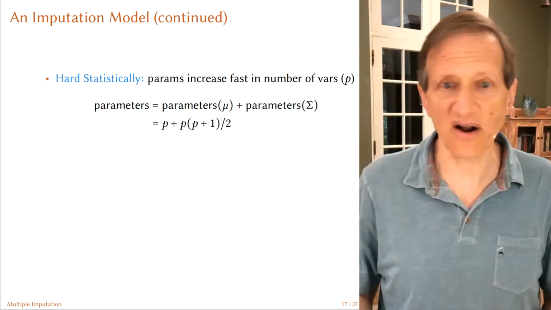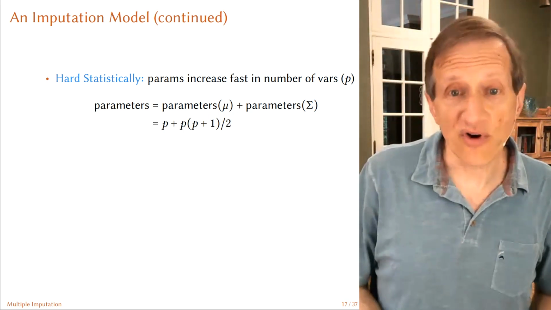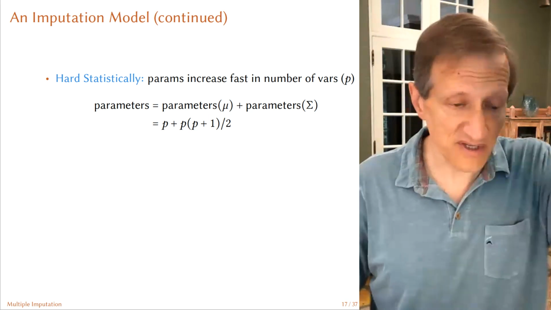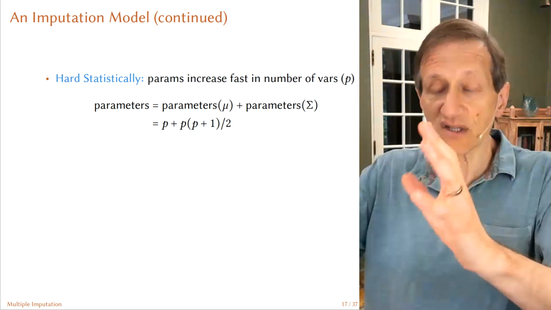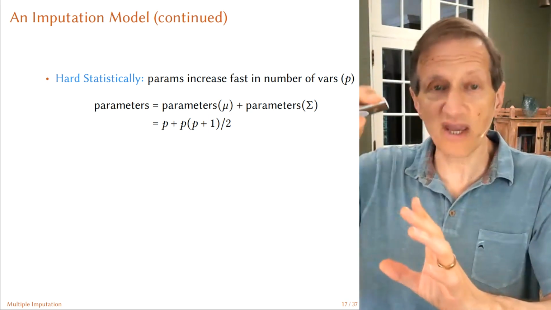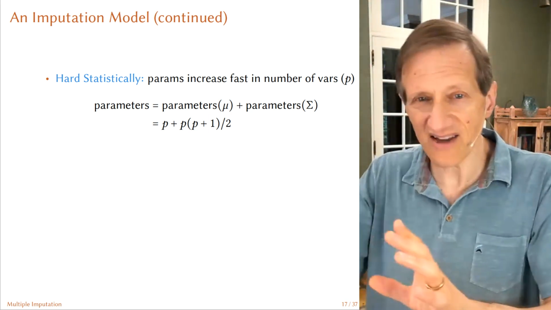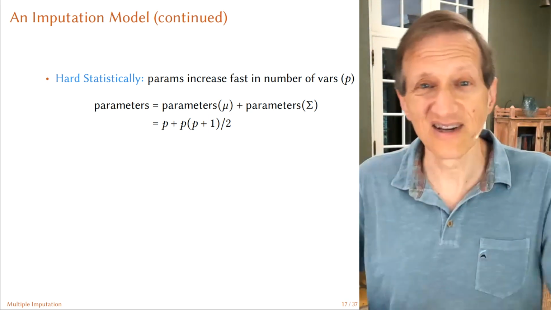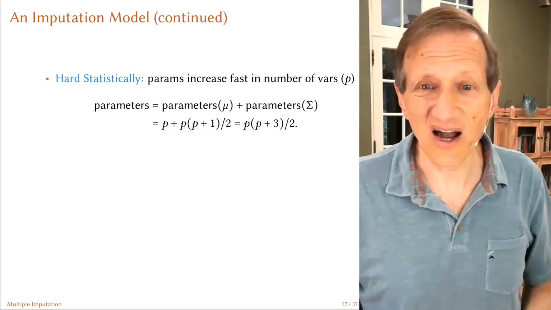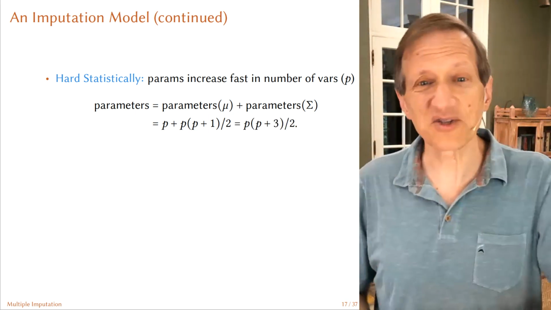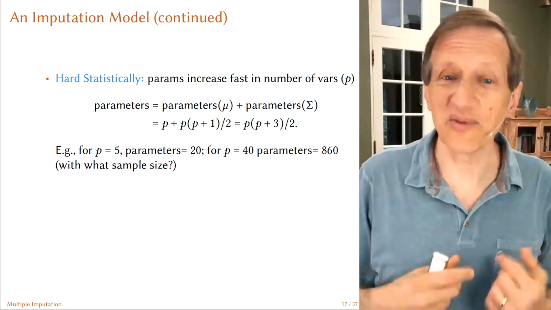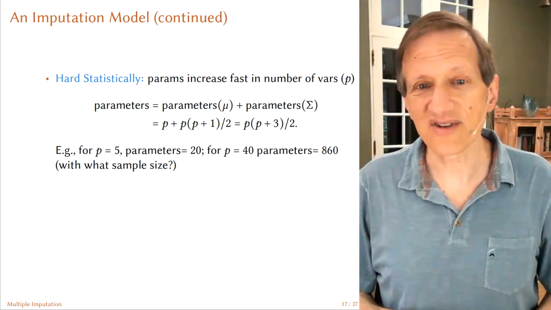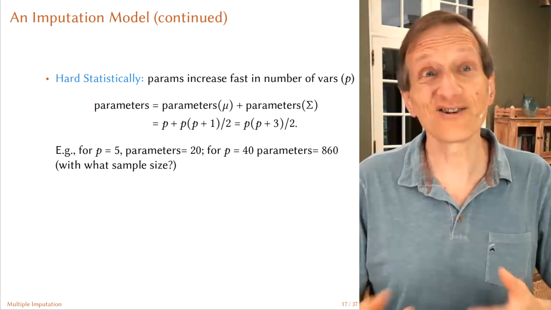Well, there are p mu parameters, because it's a vector with p elements. And then there's this symmetric matrix, so there's p times p plus 1, which includes the diagonal, divided by 2, because it's only the lower or upper triangle. That's p times p plus 3 over 2, just a simplification. So for example, if there are only 5 variables, that's 20 parameters. If there are 40 variables, that's 860 parameters.